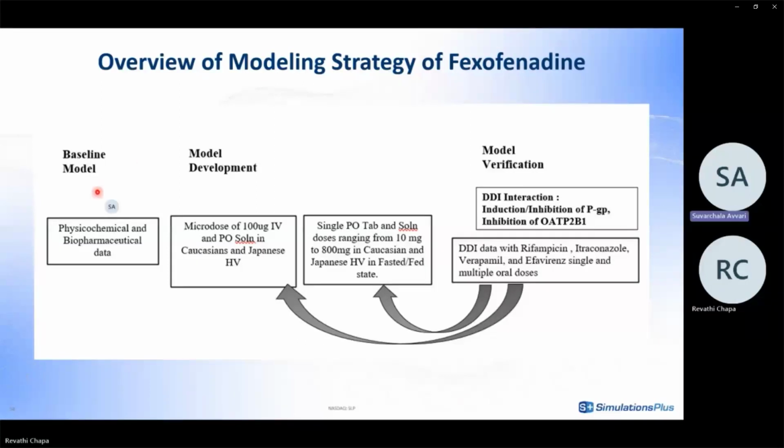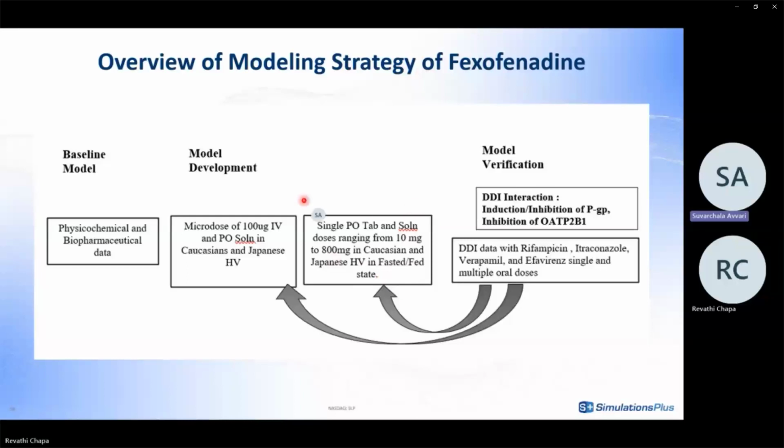Using the biophysicochemical and the biopharmaceutical data, the baseline model was developed, and the model development was carried out against the microdose of oral and IV doses in Caucasian and Japanese healthy volunteers. And then the model was verified against multiple doses and single oral doses in Caucasian and Japanese subjects, both in the fasted and fed state.